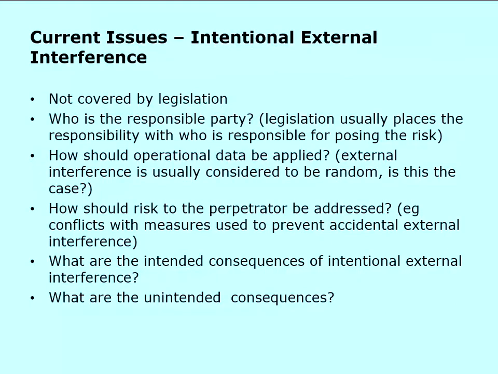If people are intentionally interfering with pipelines because they want to steal fuel because they're too poor to buy it, that is a different issue, and there should be different ways of dealing with that. And essentially, what are the unintended consequences of this? Most people who interfere with pipelines on purpose don't really fully understand what the consequences could be if that goes wrong.